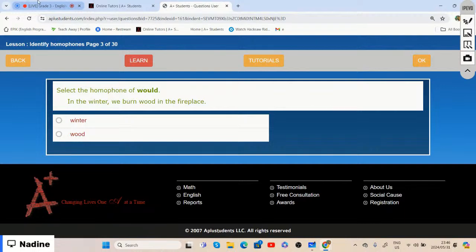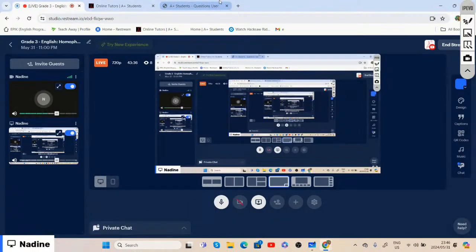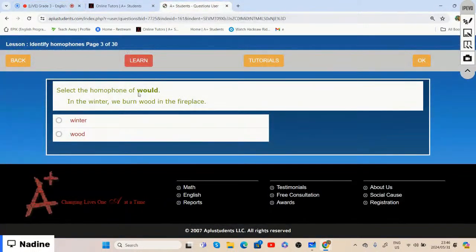Select the homophone of would, W-O-U-L-D. It's like I would go with you to the movies. I would like to, right? So wood. It says in the winter we burn wood in the fireplace. So is it option one or option two, winter or wood, that matches that word?